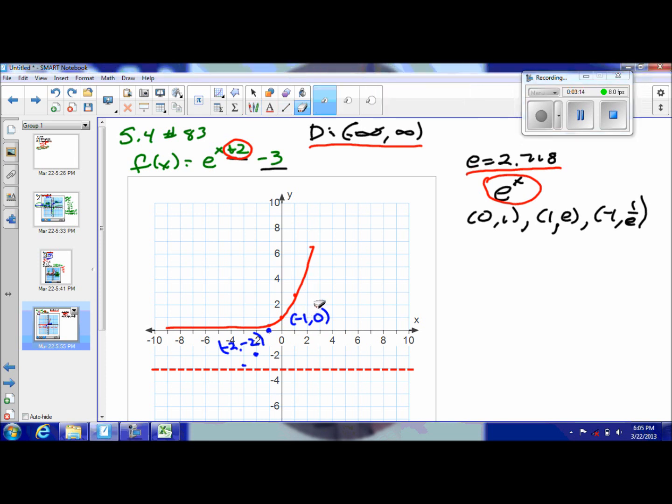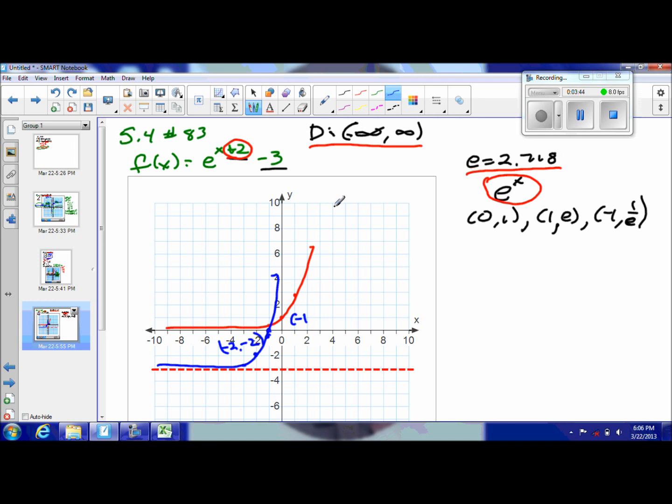It bothers me as well. I know it's at negative 1, and since I'm down 3, it should be a little bit below the x-axis, because it was at 2.718 and now it's a tiny bit below. So I'm not going to calculate what it is, but my graph is going to look right about like that.